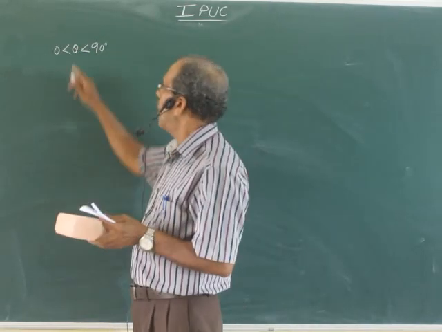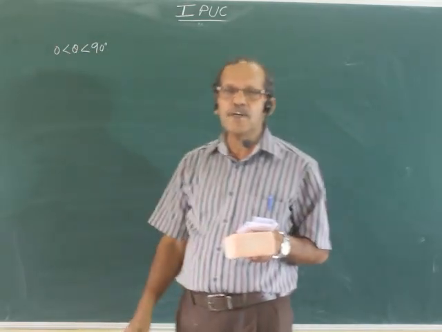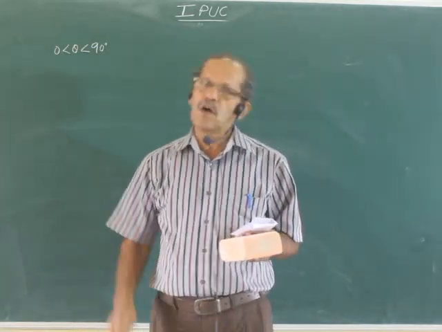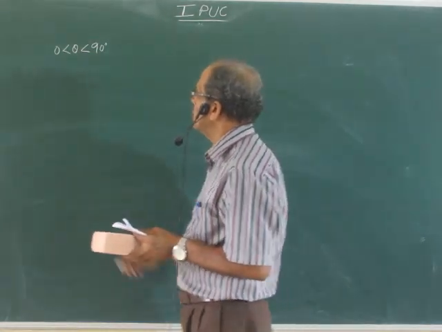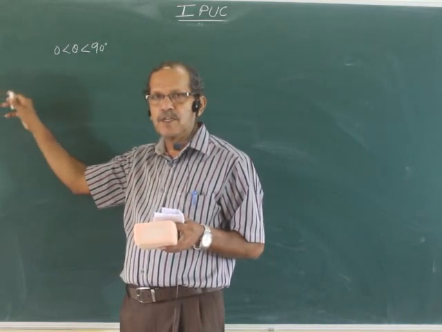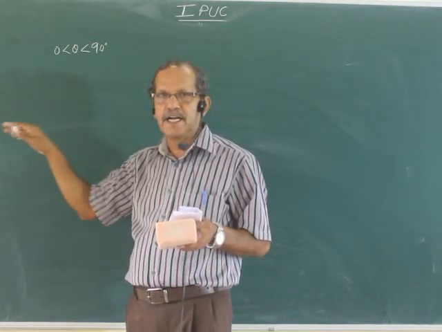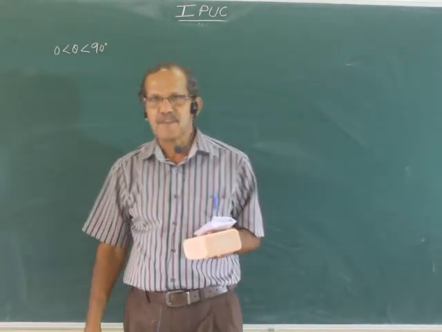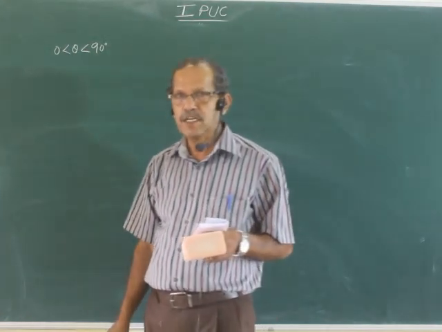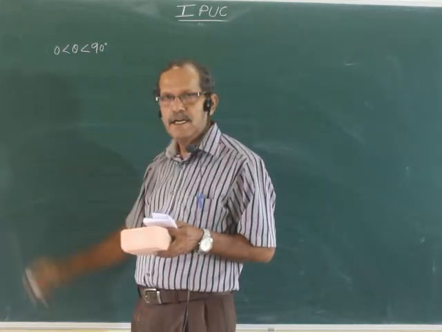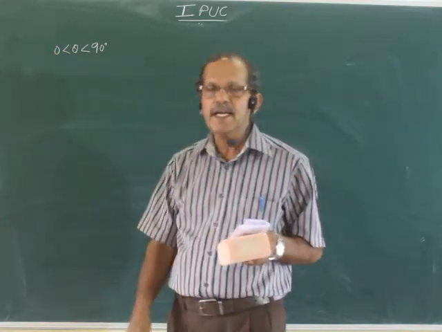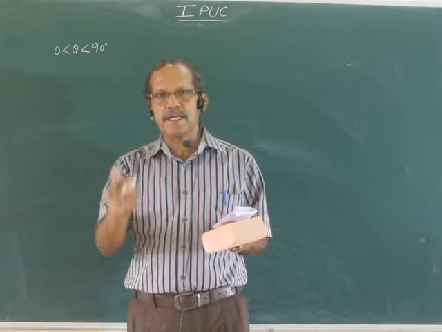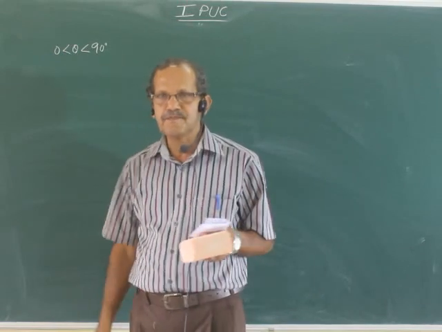All the six trigonometric functions are positive: sine, cos, tan, cosecant, secant, cot, everything is positive. In the last session we have seen, whatever may be the angle in between 0 to 90, all the 6 trigonometric ratios are positive.